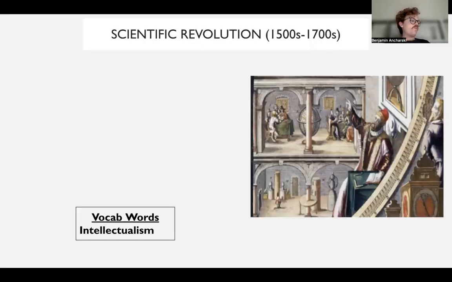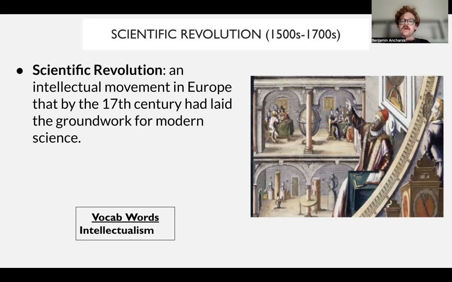So let's look at what exactly the Scientific Revolution is before we pay attention to some discoveries during that time. Well, the Scientific Revolution is going to be this period in European history in which we are going to see rapid advances in science and technology. Basically, we are going to see the groundwork, the foundations of our more modern understanding of science.